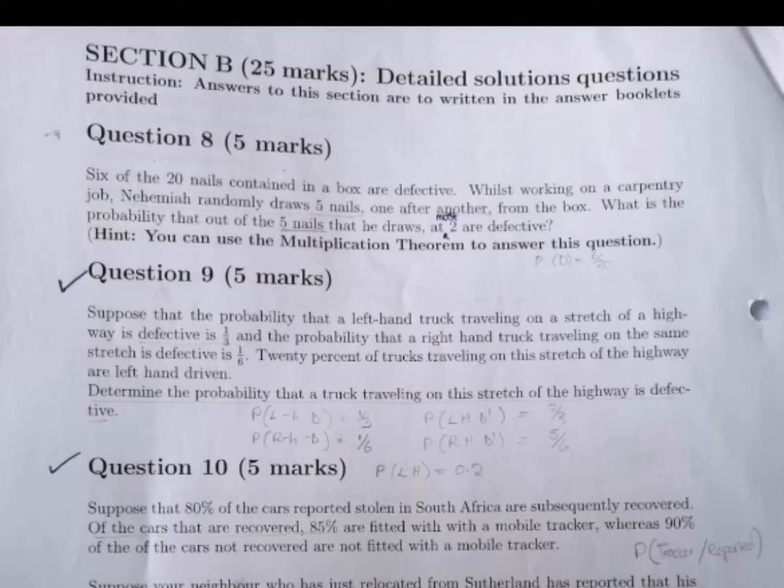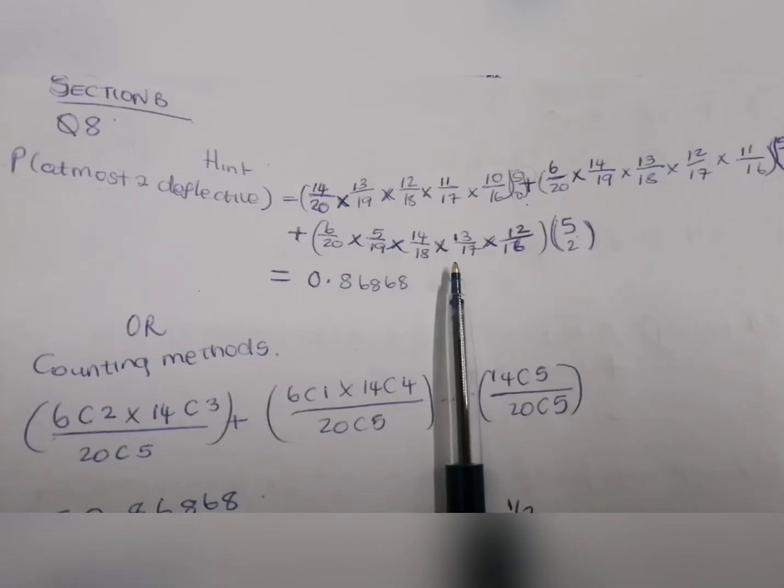What is the probability that out of the 5 nails that he draws, at most 2 are defective? So okay, they gave you a hint that you can use the multiplication theorem or whatever. So I'll show you how I did this question.